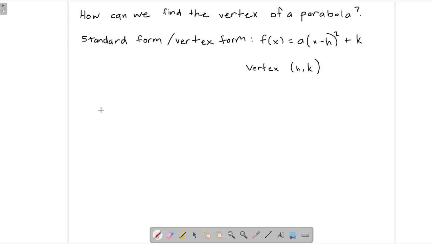If we start in general form, like we typically do, ax squared plus bx plus c, there is a method that gets you from general form to standard form or vertex form. That method is called completing the square.